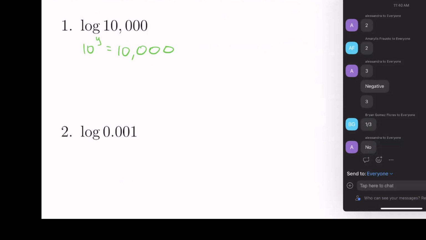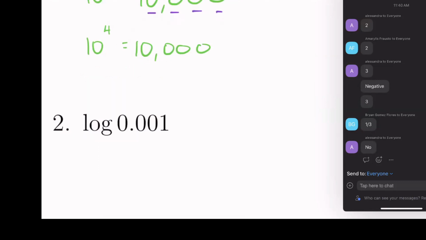So what power of 10 gives us 10,000? With 10, the number of zeros is the number of your exponent. 10 to the fourth is 10,000.